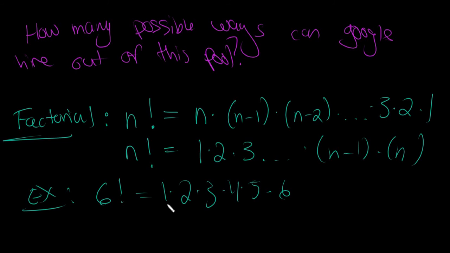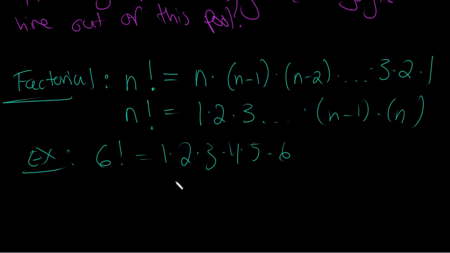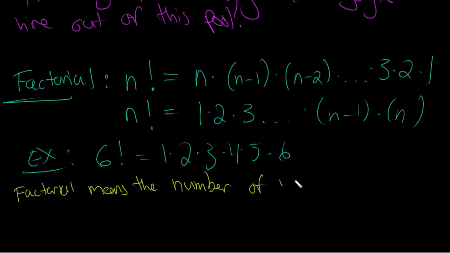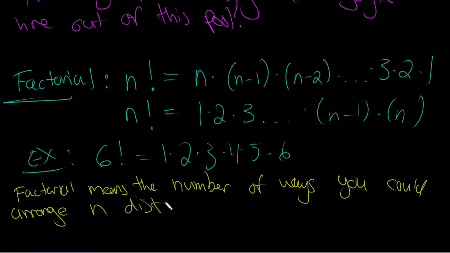Good. Now you might be thinking, okay, that's great, but what's the significance of this? Why do I care about what factorial means? Well, factorial means the number of ways you could arrange n distinct objects.